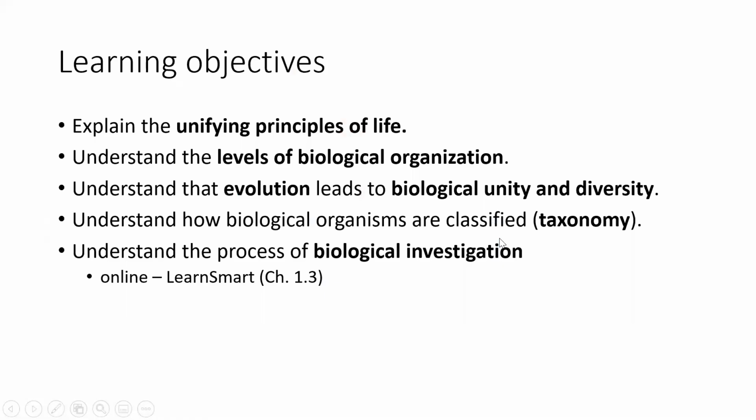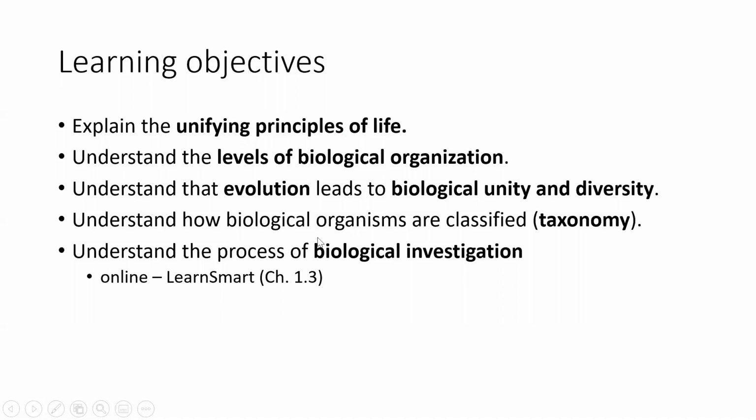So the objectives for this first chapter that you should be able to discuss with one another and to have a good grasp of are listed right here. It's basically going to be your ability to explain the unifying principles of life, to understand the levels of biological organization, and to understand the evolution that leads to biological unity and diversity.